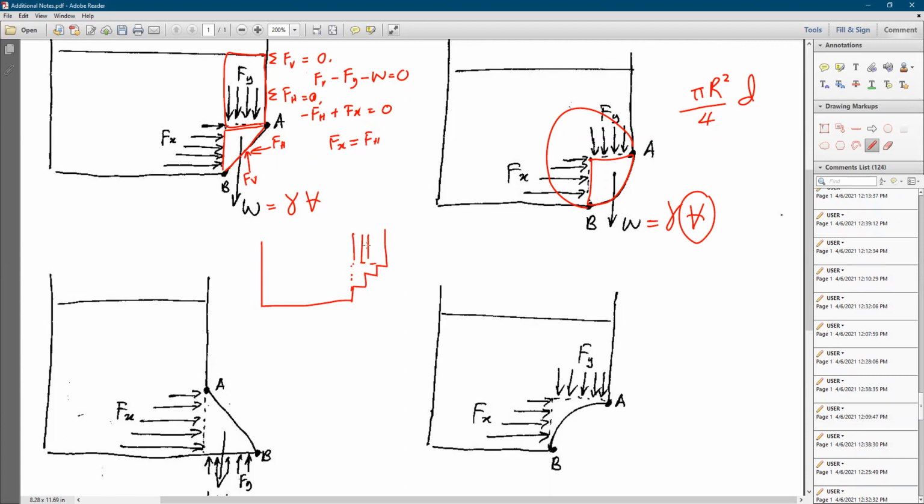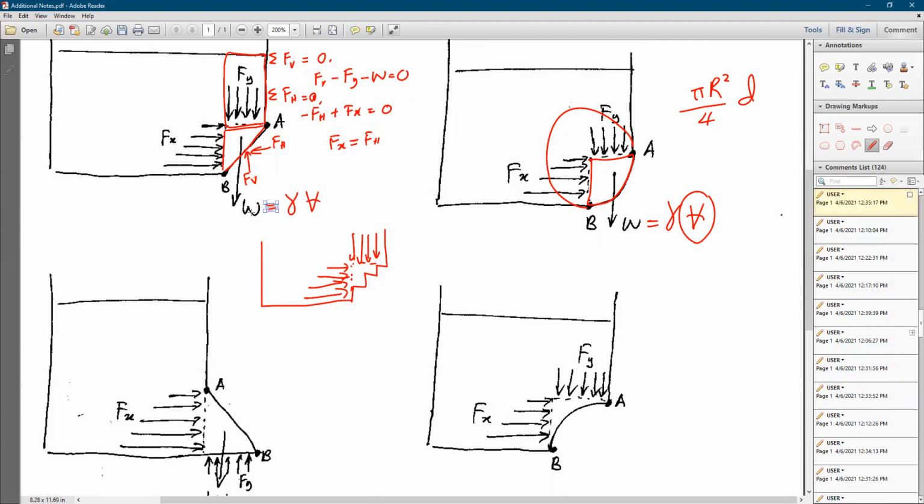It is your forces on this part, this one, and you only deal with whatever volume or the weight of water on this part. Okay, in this particular part, regardless of the shape of here. This shape here will only change the value of W. Okay, this one or that one, whatever shapes.